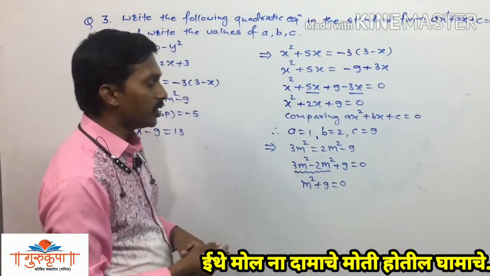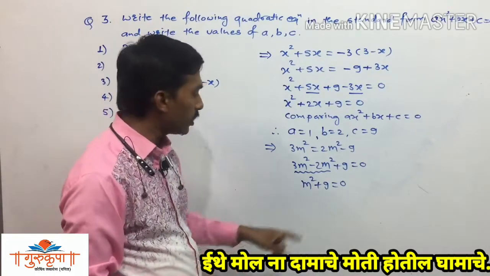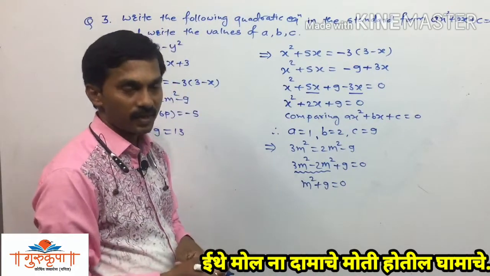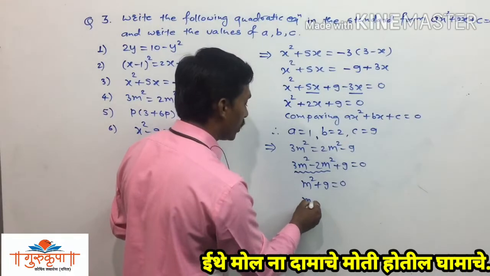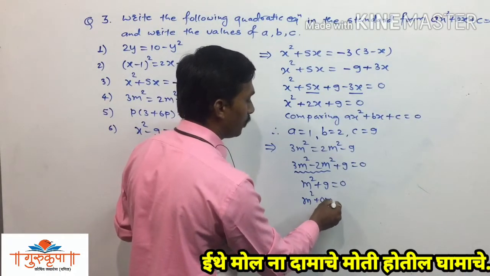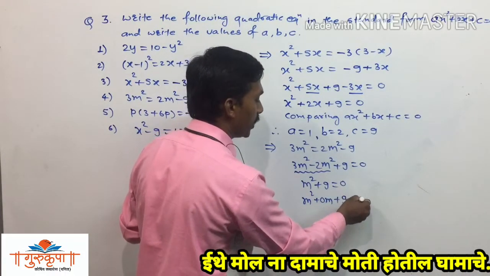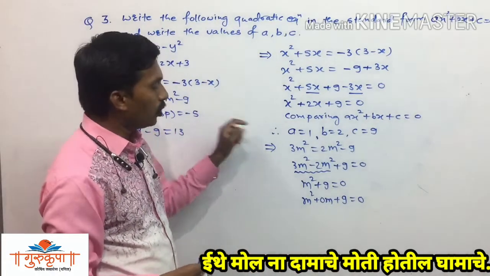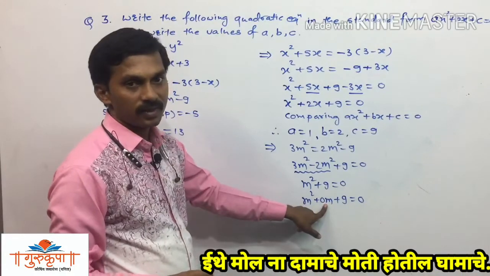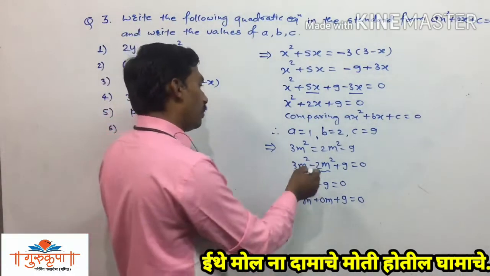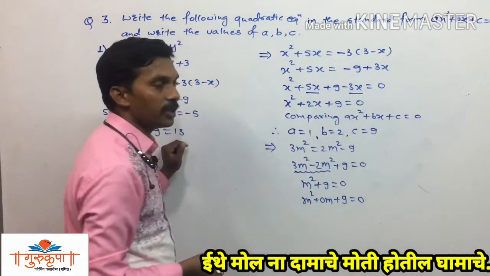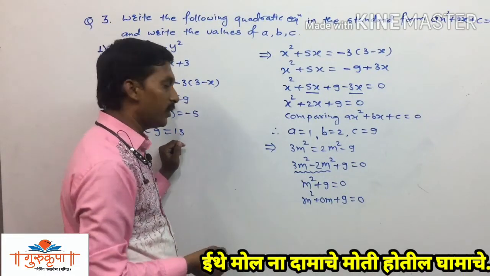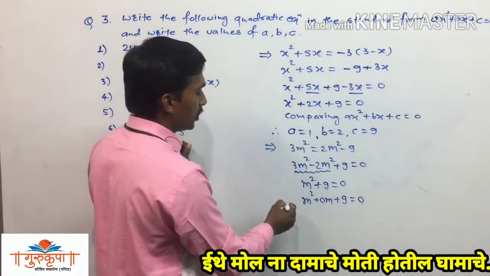Since we have to write this equation in the standard form, but the linear term is not there, we will write it as m square plus 0m. The linear term is absent, so we will write 0m there. And now comparing with am square plus bm plus c is equal to 0, we will get the values of a, b and c.